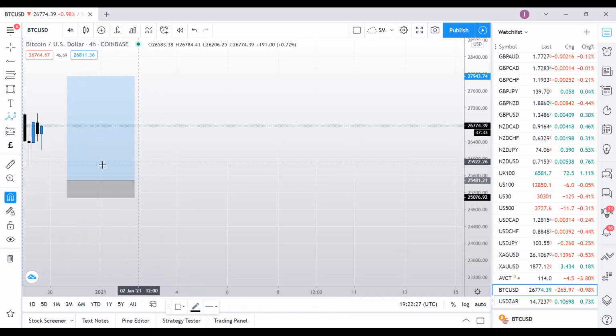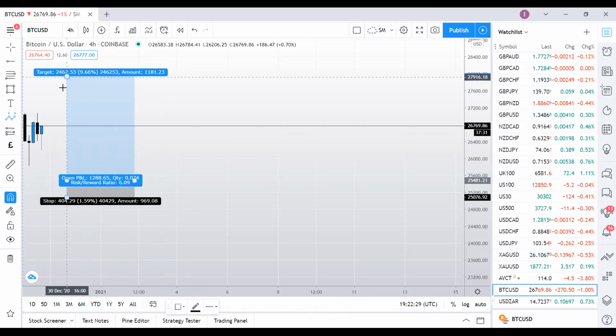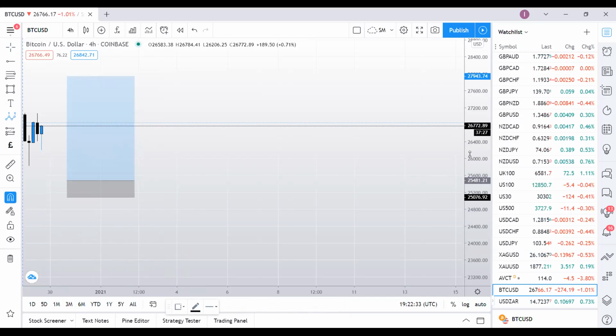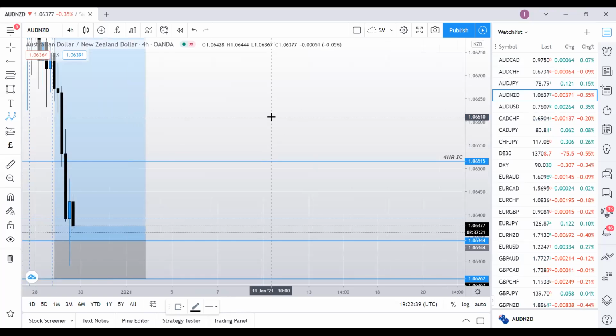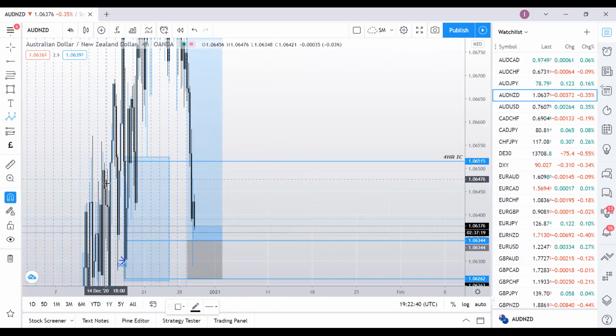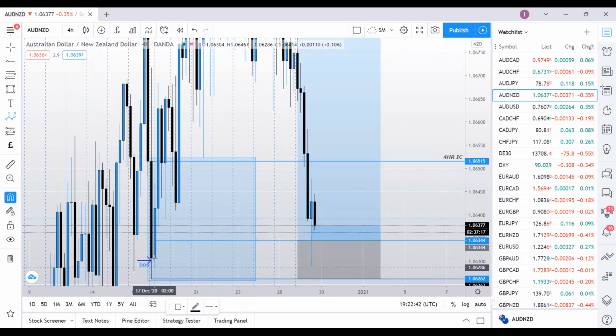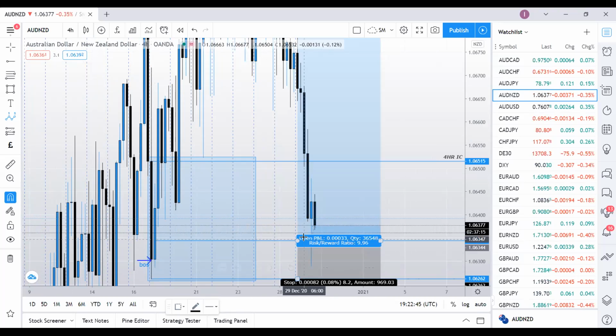So let's say we've put our risk reward tool on. Let me just take it back to, where is it? Here. This is the higher low, right?